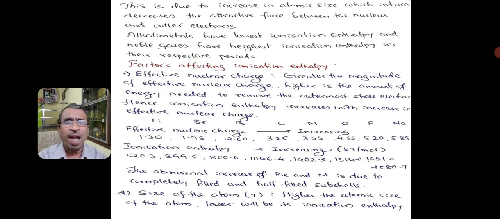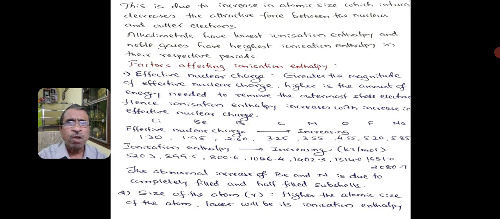If I take the elements lithium, beryllium, boron, carbon, nitrogen, oxygen, fluorine and neon, their effective nuclear charges are 1.3, 1.95, 2.6, 3.25, 3.55, 4.55, 5.20 and 5.85. This shows that effective nuclear charge is increasing from lithium to neon. As it is increasing, ionization energy also increases from lithium to neon.